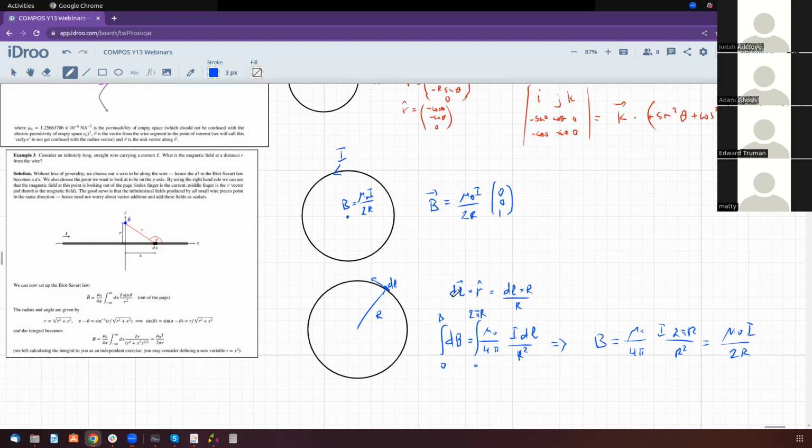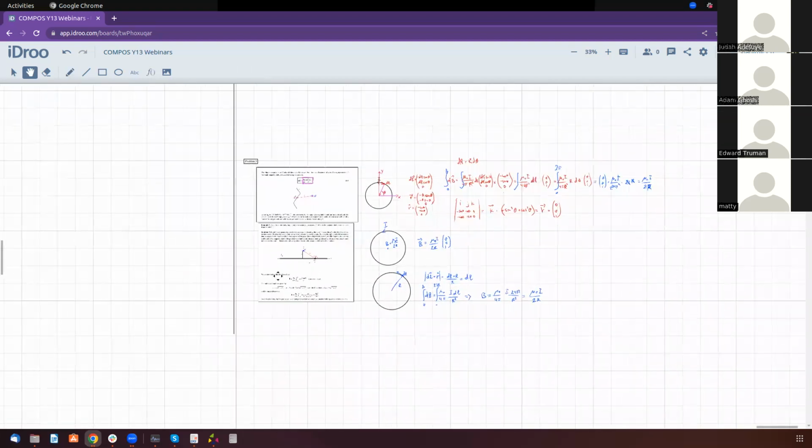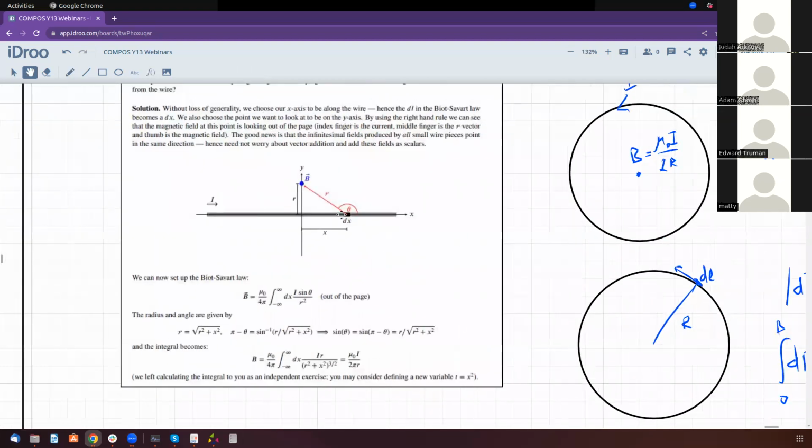You can realize that this thing is dl, and then you just integrate it.